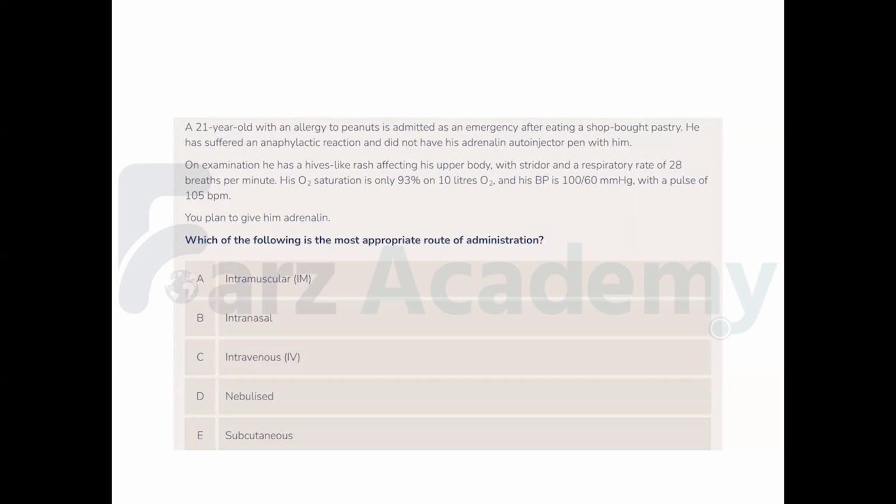On examination, he has a hives-like rash affecting his upper body with a stridor and respiratory rate of 28 breaths per minute. His oxygen saturation is only 93% on 10 liters oxygen and his BP is 100/60 with a pulse of 105 beats per minute. You plan to give him adrenaline. Which one of the following is the most appropriate route of administration? IM, intranasal, intravenous, nebulized, subcutaneous.